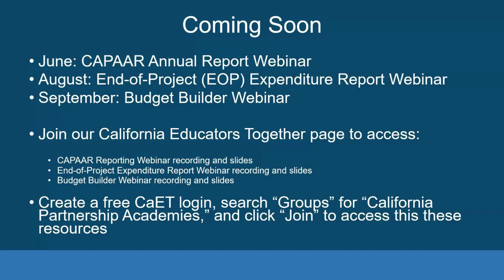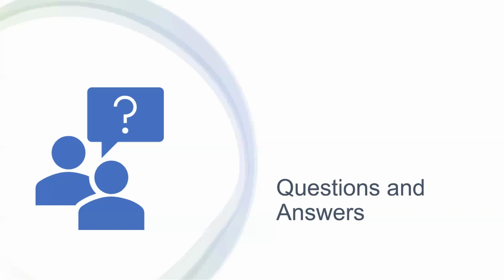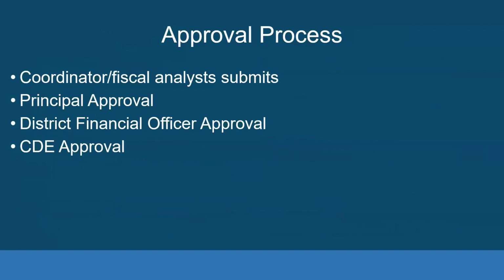Somebody wanted to know how they can identify the approval workflow of the EOP in the PGMS system. Oh yeah, so I can go back to that slide. These are the folks involved in the approval process. It first is submitted by the person that completes it, either the coordinator or maybe a fiscal staff member at the district office.